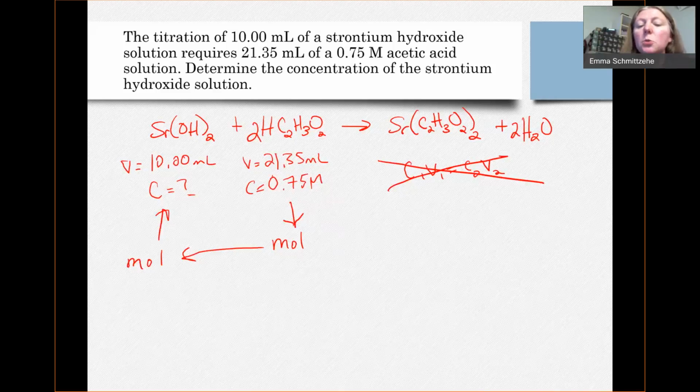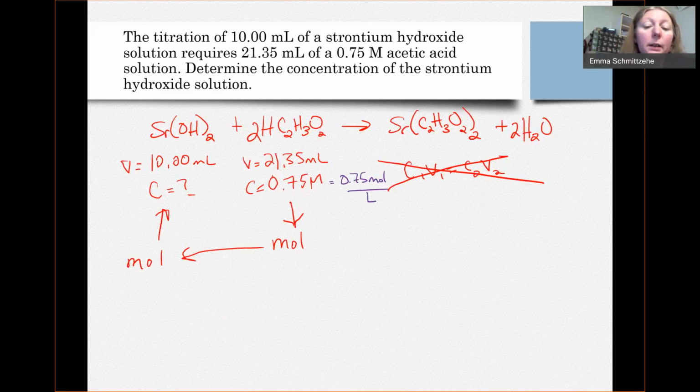Those are the steps we're going to go through. Now, it might make it a little easier if you rewrite these concentrations. So this is really 0.75 moles per liter of acetic acid. That's the only concentration we have. The other one we're going to have to calculate.